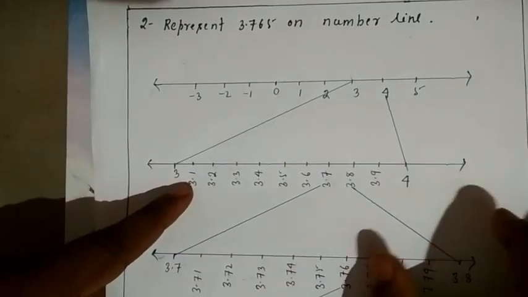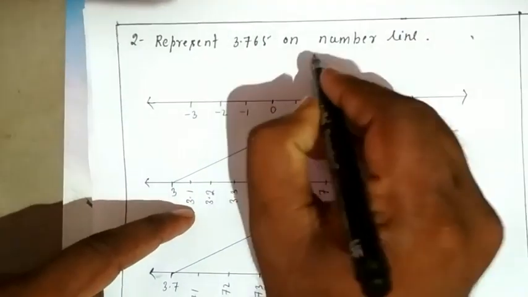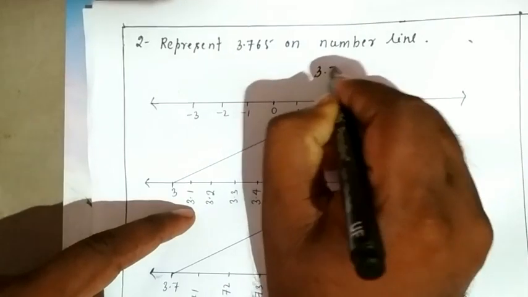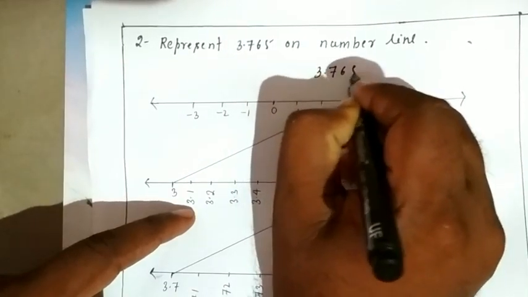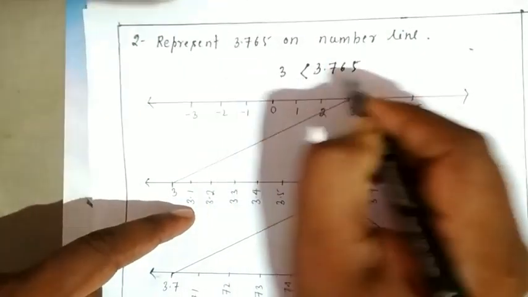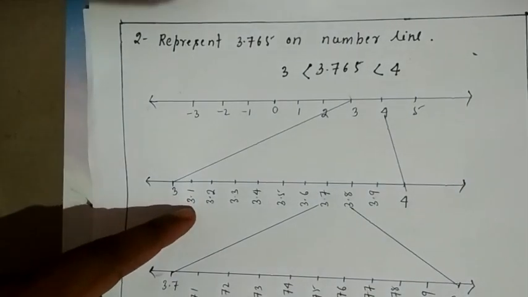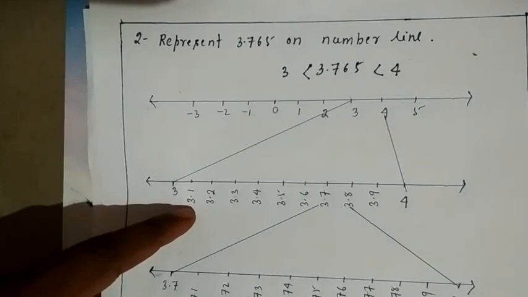And you know that students, 3.765 is greater than 3 and less than 4. Remember, 3.765 is greater than 3 and less than 4.